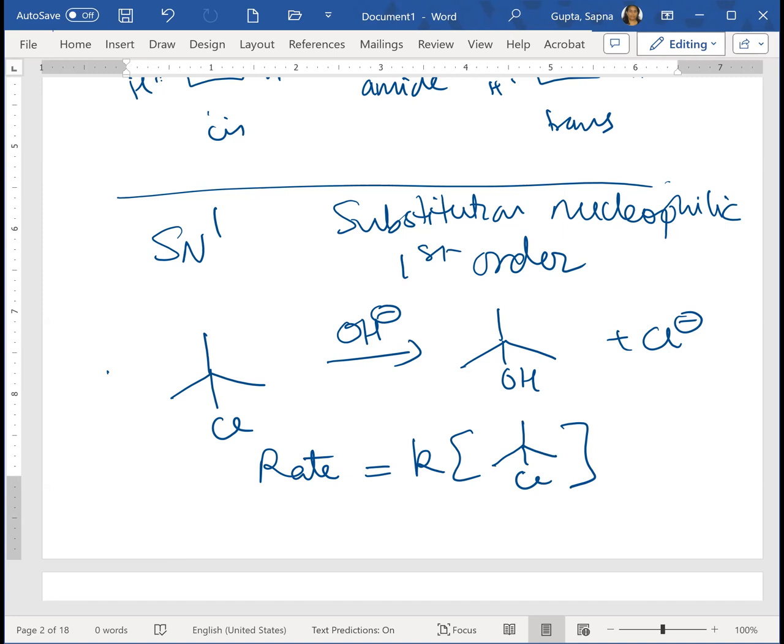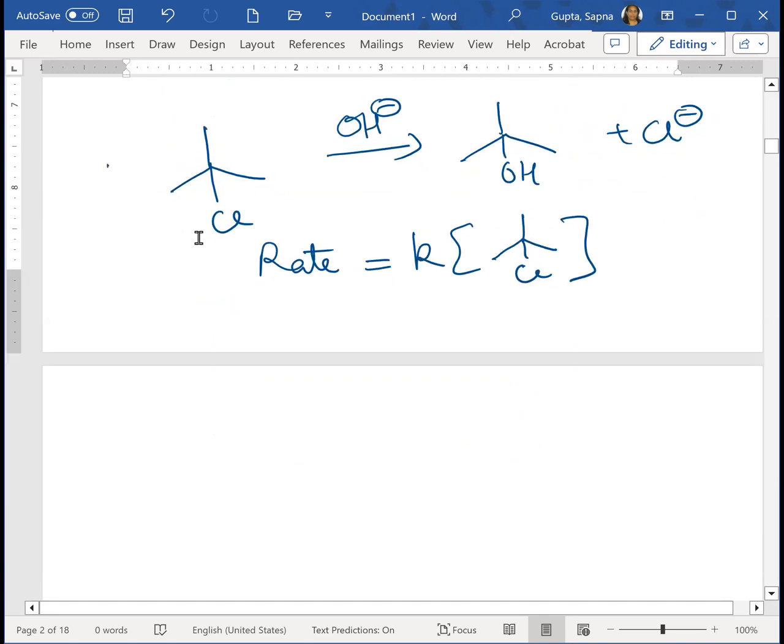Which means that the rate of reaction is not going to change. In this case, in SN2, it did, right? In SN2, it was dependent on the nucleophile as well as the substrate. But here, it's only on the substrate, which means that the substrate is the only thing that is involved in the transition state. So to write this mechanism, this is what happens.